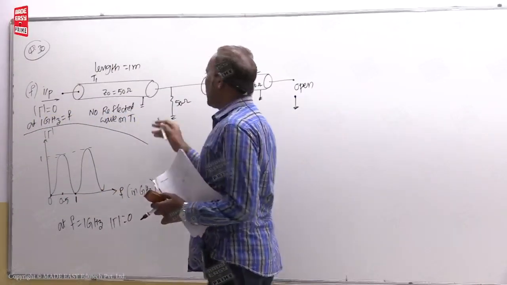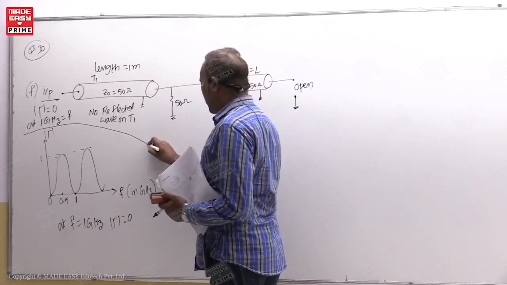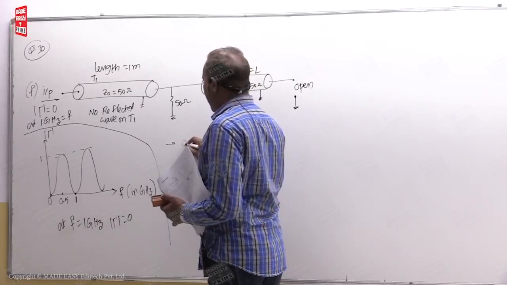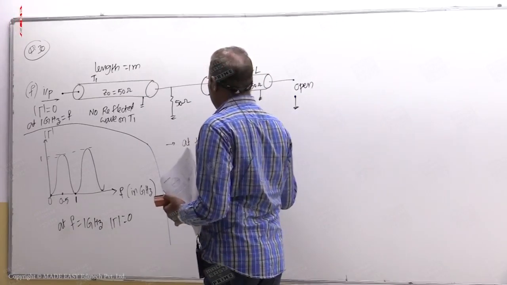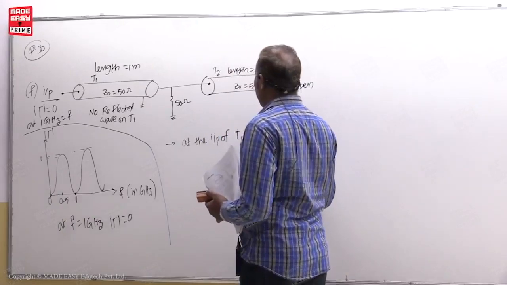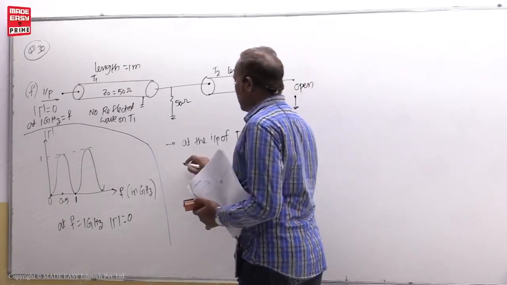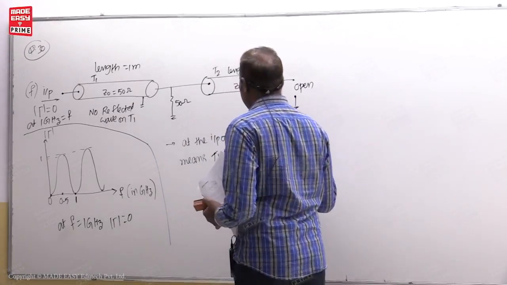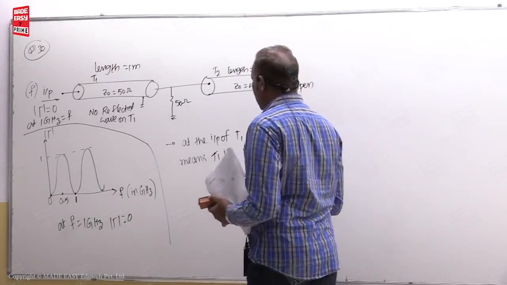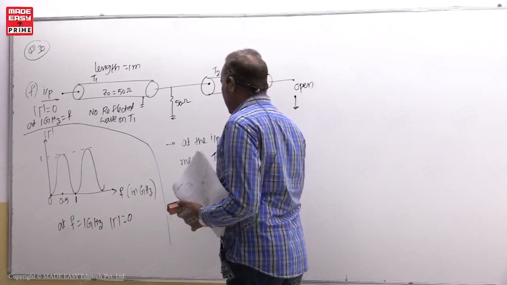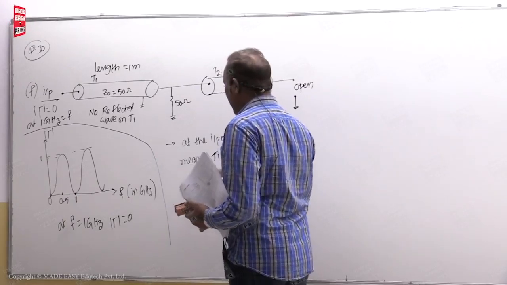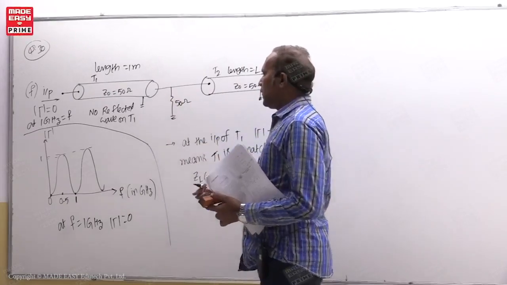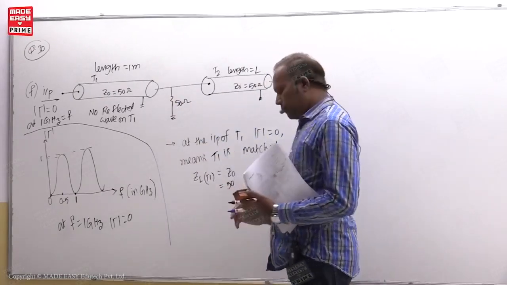I am writing here one or two statements. At the input of T1, mod gamma 0 means T1 is matched. That means ZL of transmission line 1 is equal to Z0, that is equal to 50. So ZL of this should be 50 ohm.